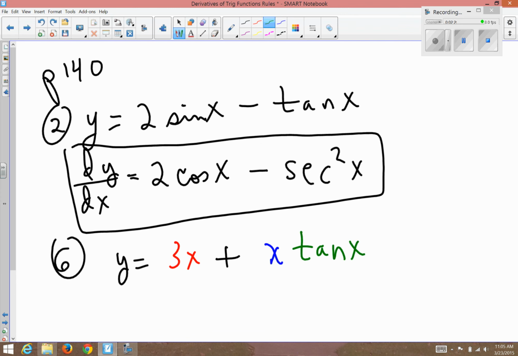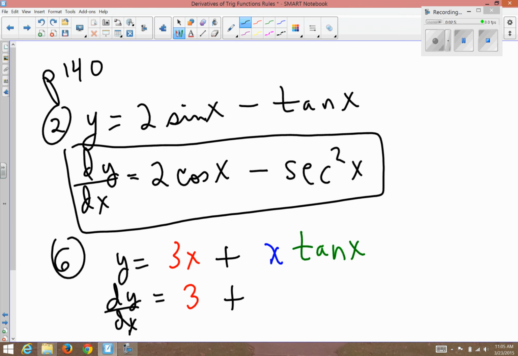The directions are to find the derivative of y with respect to x. The derivative of 3x is 3. Plus gets brought down. This blue and green is called a product. x times the tangent of x.